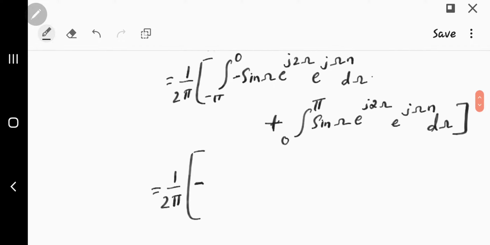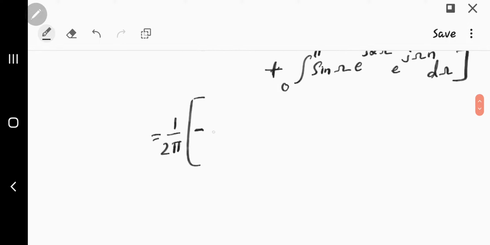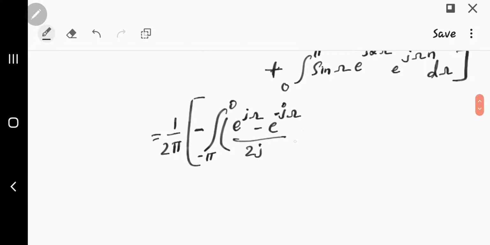So this sin omega, if you convert that into exponential, you will get (e^{jω} − e^{−jω}) divided by 2j, into e^{j2ω} e^{jωn} dω.